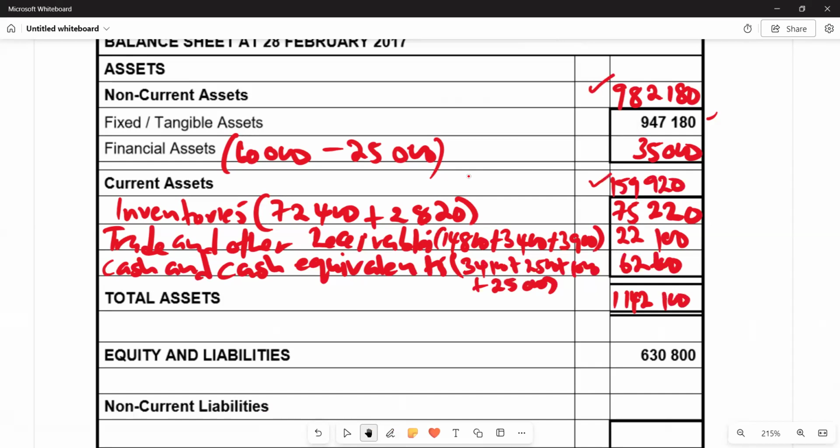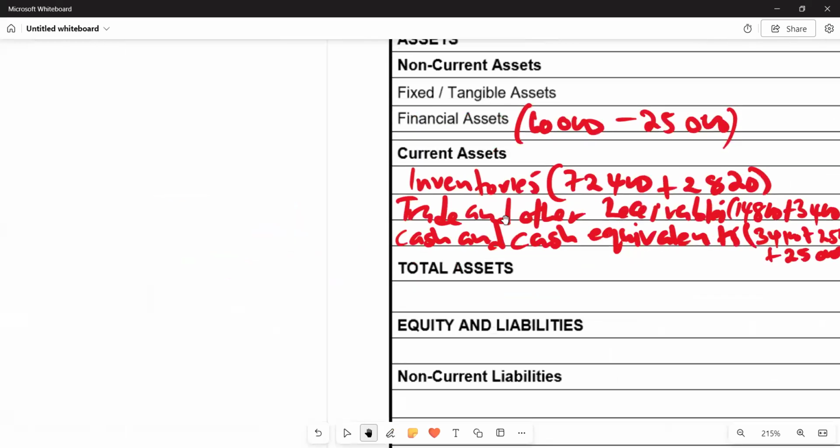So this is what we have. And then this is going to be the first balancing figure. So we can just check it out. Remember that our balance sheet complies with the accounting equation, which says assets is equal to equity plus liabilities.